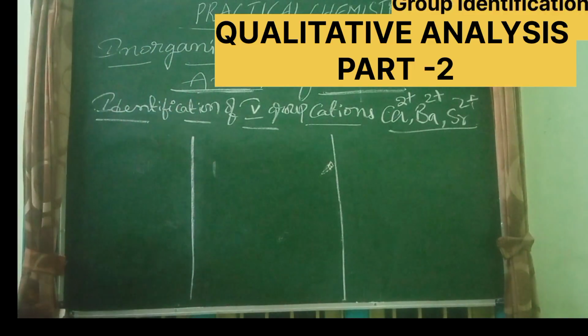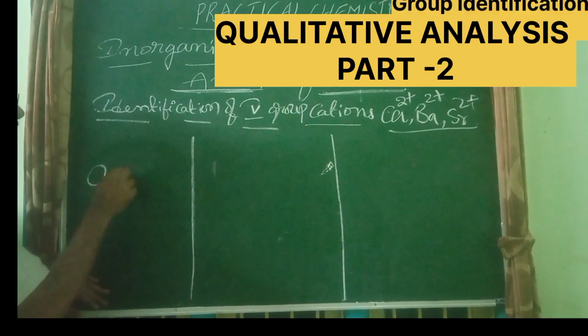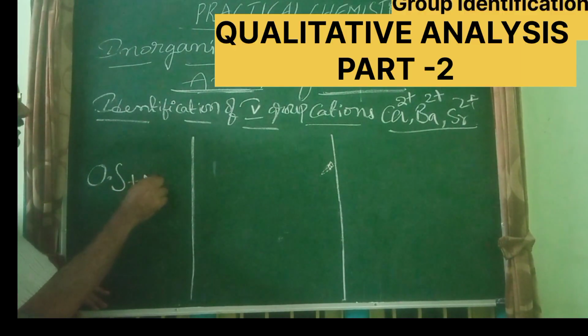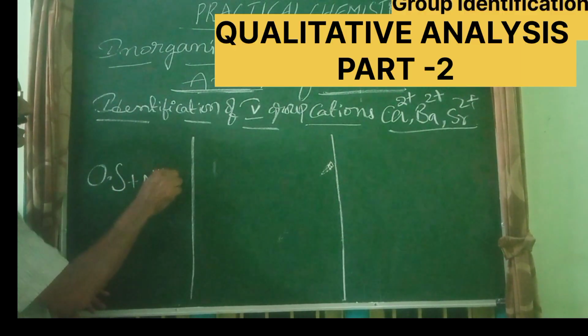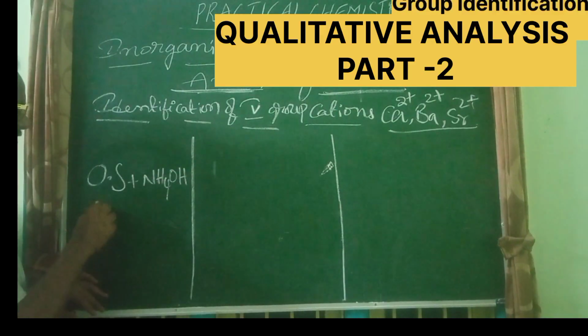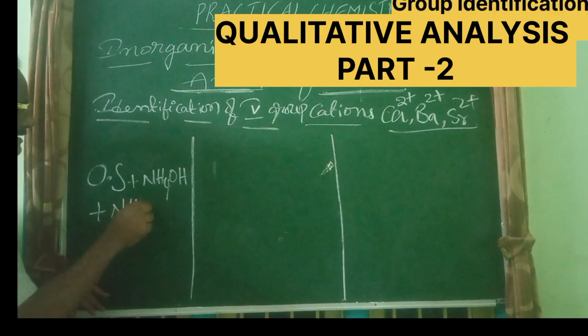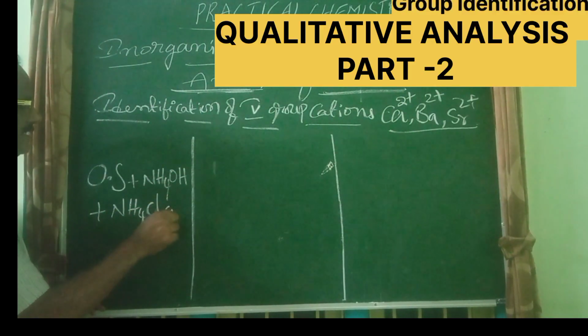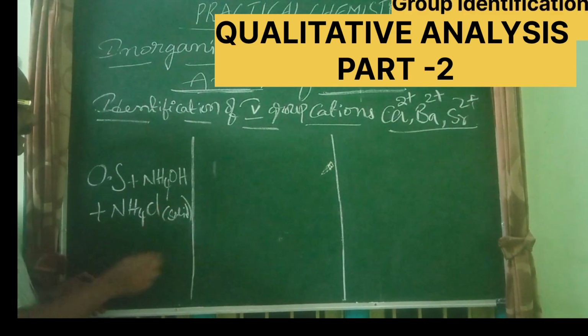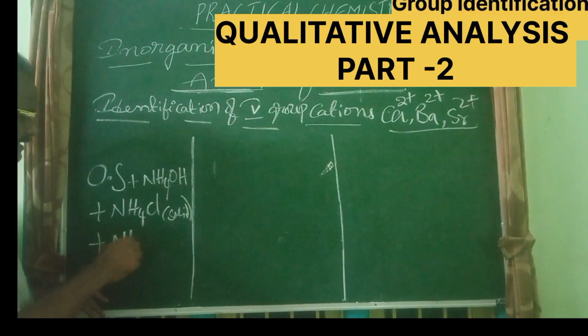Now let us see how the test has to be done. See here, original solution is added with NH4OH and saturated with NH4Cl. Keep in mind NH4Cl is solid, and then added with (NH4)2CO3, ammonium carbonate.